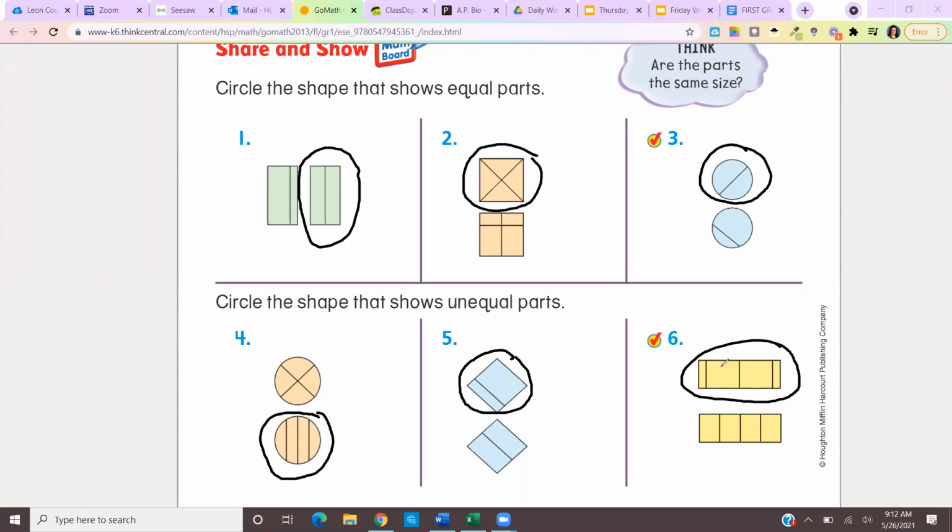It's unequal because you can see 2 squares and then 2 rectangles. So they're not all the same. What about this second shape on number 6? Does it show unequal parts? No, that one shows us equal parts. All of those rectangles are the same exact shape. When you're ready to go to your next page, show me 2 hands on your shoulders.